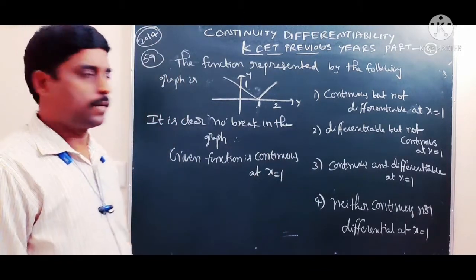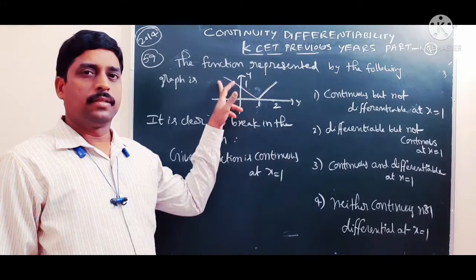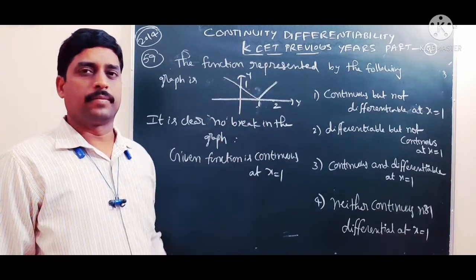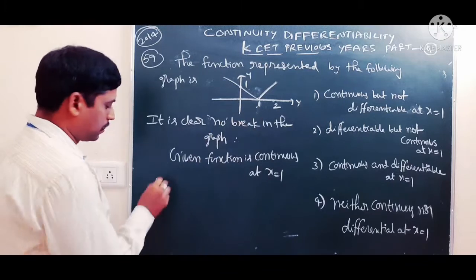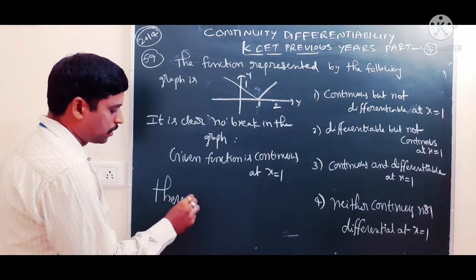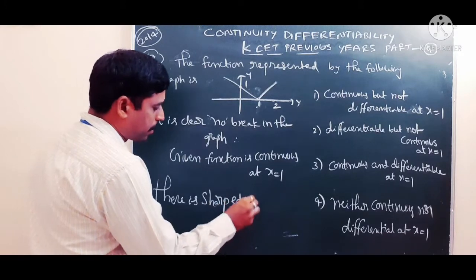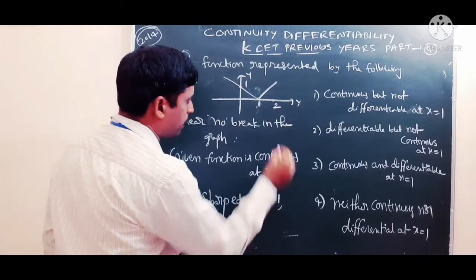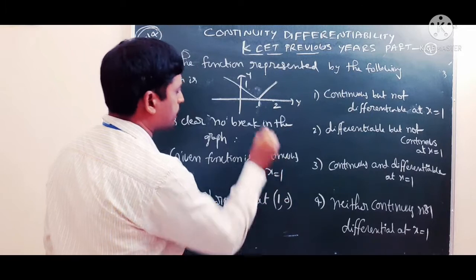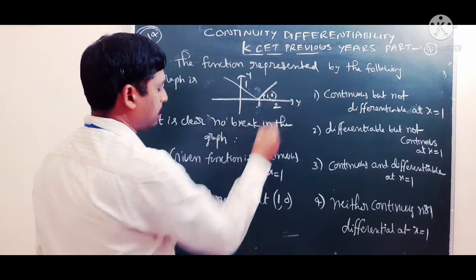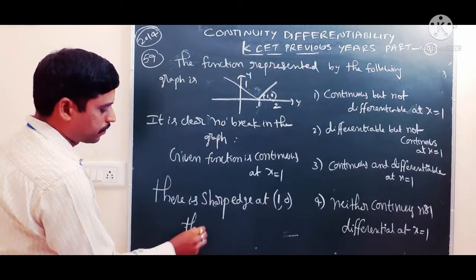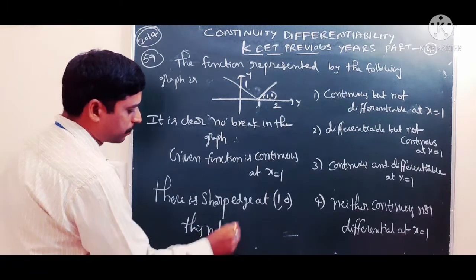Okay, but there is a sharp edge at 1. At 1 means at the point (1, 0). So this is not differentiable.